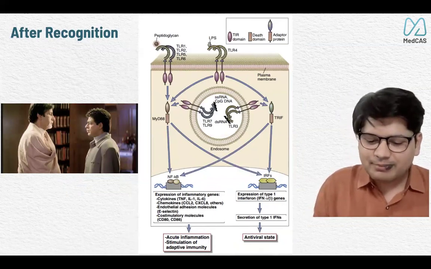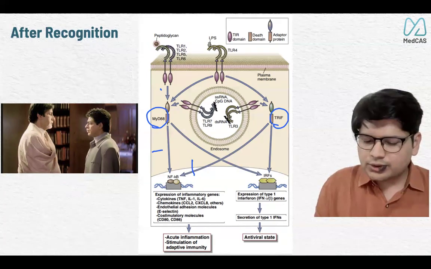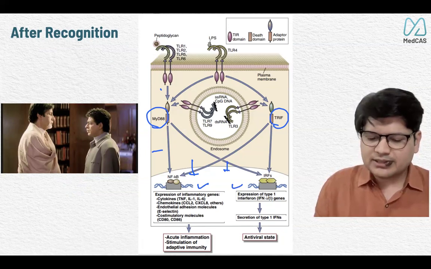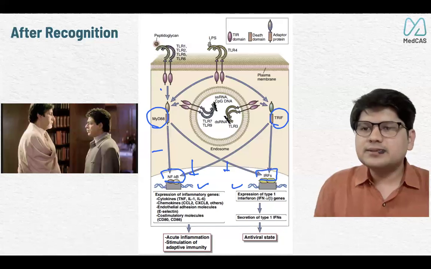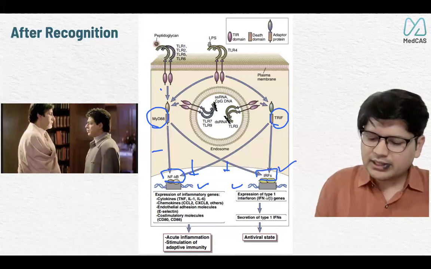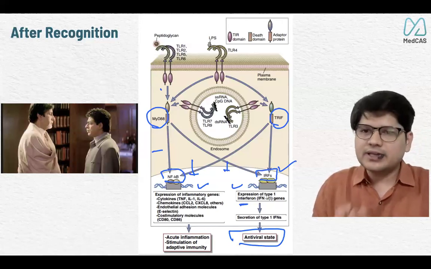Once the recognition has happened, if you see the downstream signaling through MYD88, TRIF and so on, it goes into the cytoplasm, then to the nucleus, where it will affect gene expression either through NF kappa B or IRF. IRF is mostly the viral response, where interferon gets activated and the antiviral state is established.